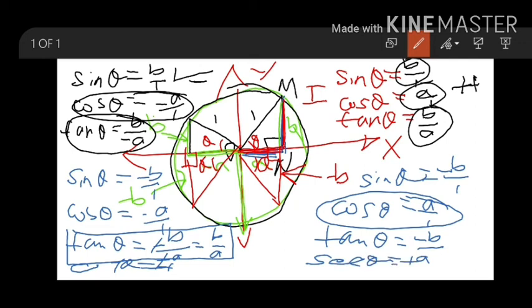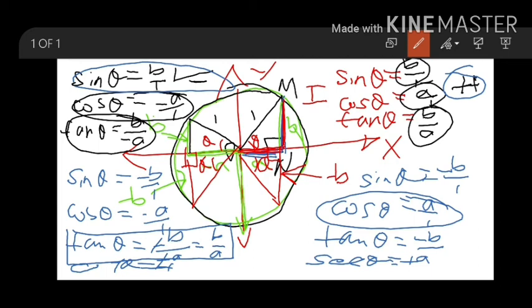So let me repeat from the first quadrant. In the first quadrant, all the trigonometric ratios will be positive. But in the second quadrant, we found that sin theta and its inverse, cosec theta, will be positive and the others negative.